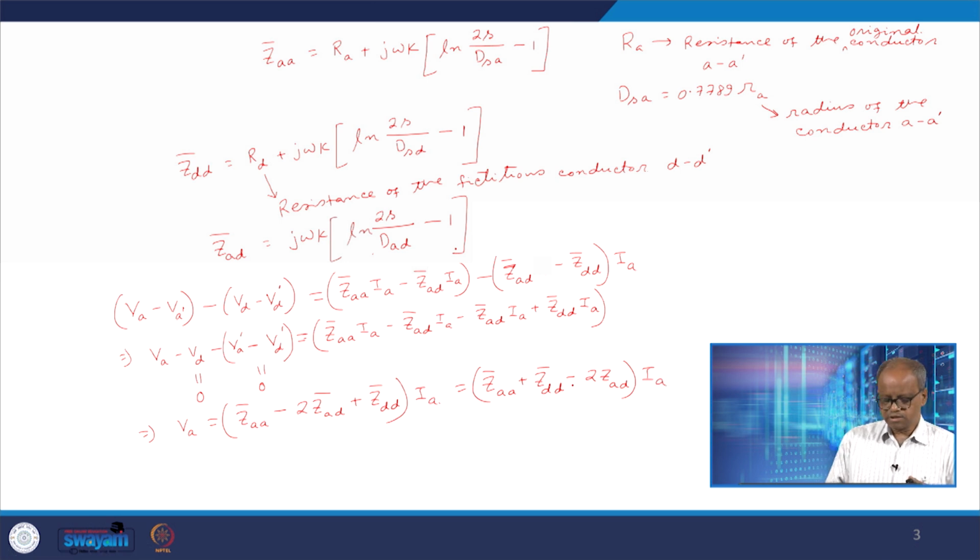So, you see, now this is a relation between only VA and IA. So, I can say that this is the impedance ZAA. Please note, here I am not giving a bar, because this bar we always use to denote the primitive impedance, right, but here we are not denoting the bar. So, then therefore, the impedance ZAA is given by ZAA, that is the primitive impedance, plus ZDD minus 2 ZAD.